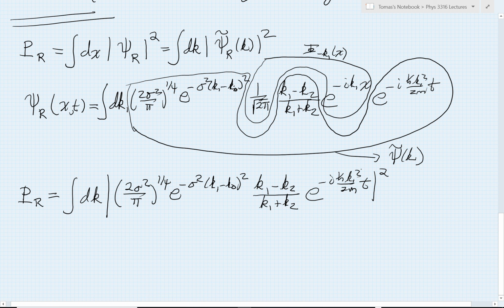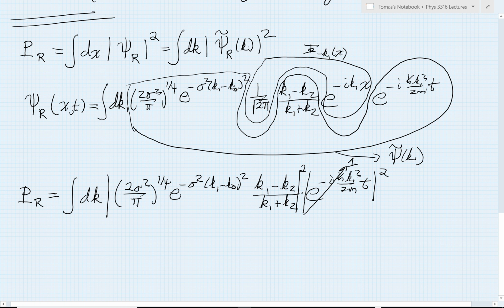Another quick way to see that is, remember, the magnitude of a product is always the product of the magnitudes. So I could write it as this magnitude times this magnitude. Of course, don't forget I had the magnitude squared, so I have to square both of the pieces that I factor out. But then, of course, this just has modulo unity. That term goes away. So that was nice.